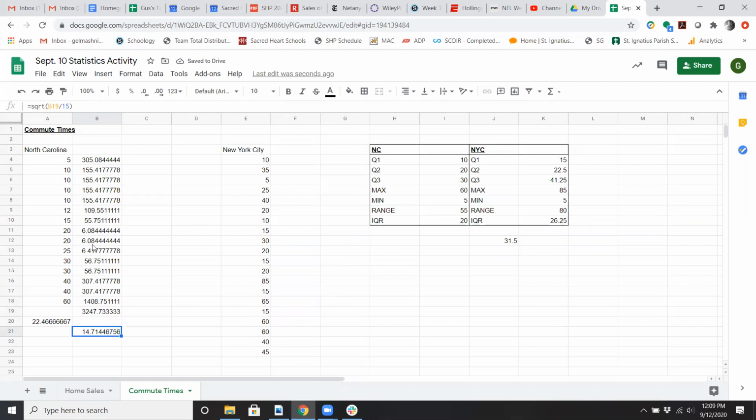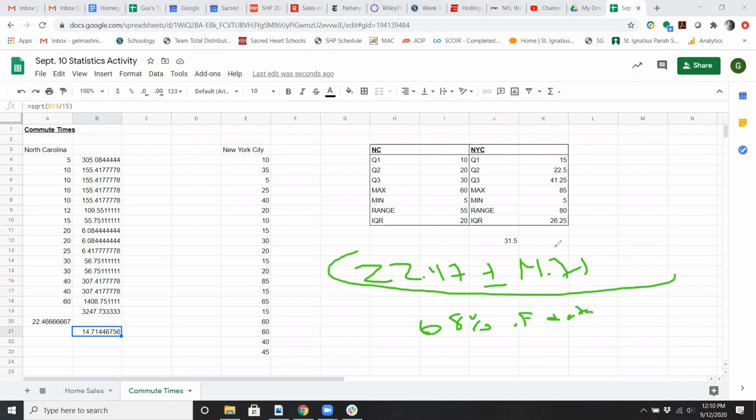So that means that a good number of my data points, usually about 2/3 is kind of the rule here, should be about 14.7 minutes off from the mean being 22. So if we have a mean of 22.47, we expect about 68% of our data to follow this range, which would be from anywhere from like 8 to like 36 minutes.